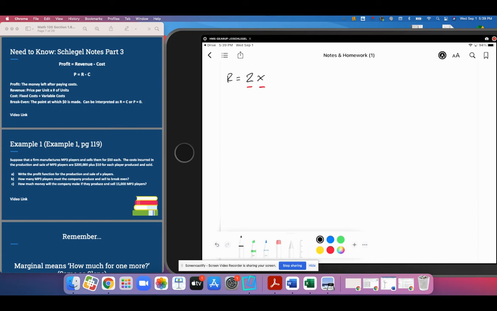So lastly, we've got break even. We've discussed break even a little bit up until this point. And there are 2 ways that we can find break even as we work through these problems. And so I believe that we have discussed so far the notion that break even occurs when profit is equal to 0.